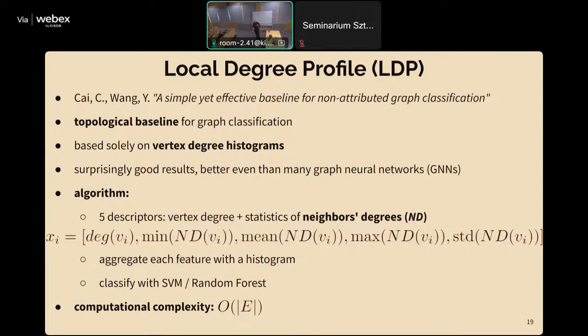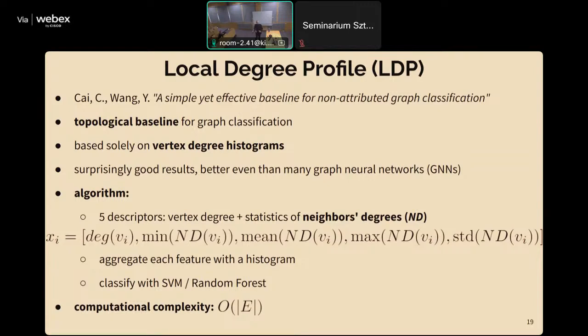So this way, you very cheaply get information about the 2-hop neighborhood, about the node, its neighbors, and their neighbors. Because degrees of neighbors tell us something about their neighborhoods, right? So this is 2-hop neighborhood information, and computing this is extremely cheap because its computational complexity is proportional to the number of edges, to be precise.